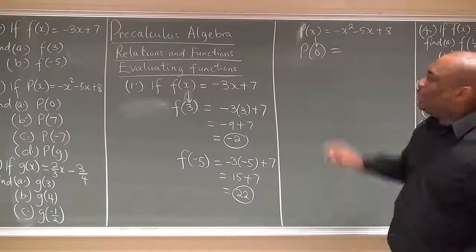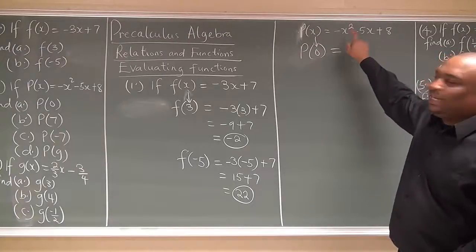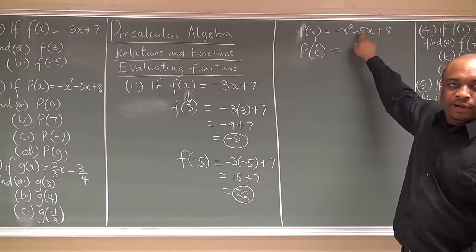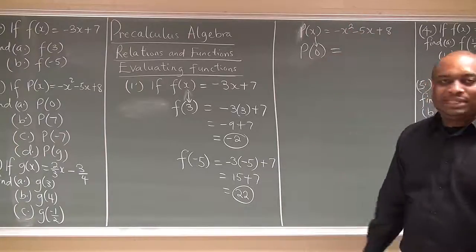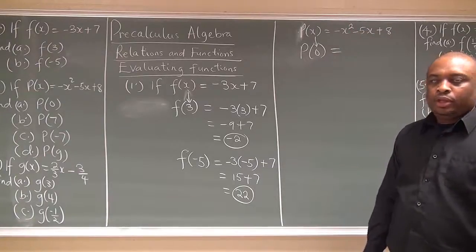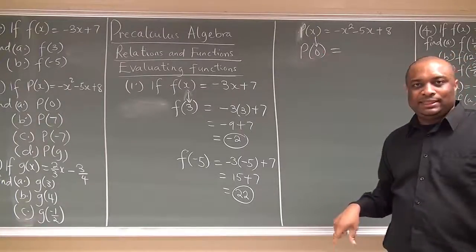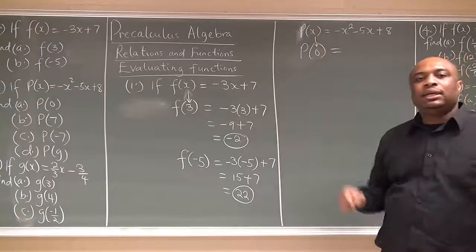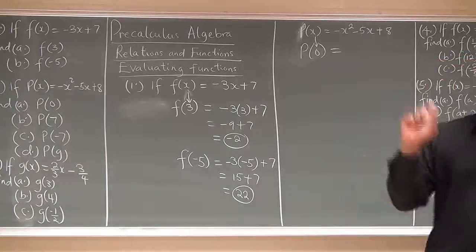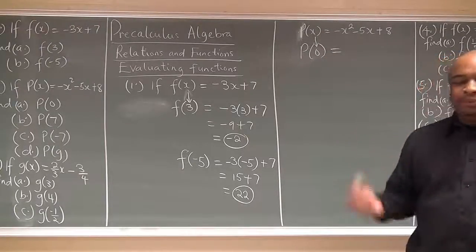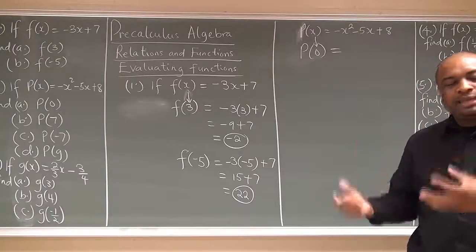And that tells you that wherever you see x in this function, you replace it with 0. You just replace it with whatever is in the parentheses. X is in the parentheses. So whatever thing that is in the parentheses, you replace x with that.